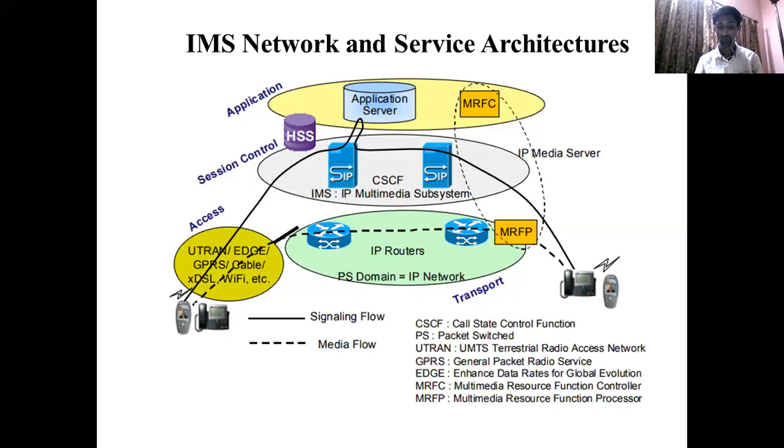CSCF is call session control function, the heart of the IMS architecture, responsible for controlling sessions between endpoints and applications. Home subscriber servers are the master database that maintains all the users' profile information used to authenticate and authorize subscribers.